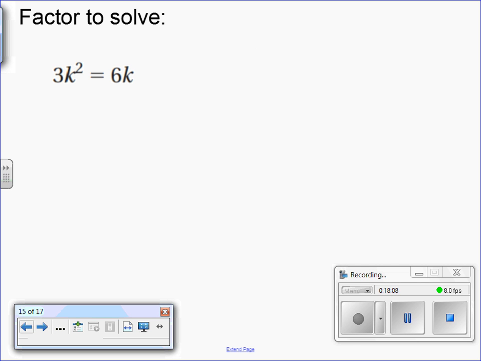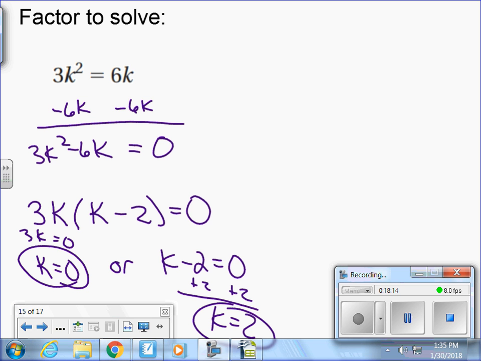Alright, this is your graduation problem. Find your 2 solutions for K. Alright, I think we're ready to check. I brought my 6x over to join my 3k squared. It's k, sorry, I said x. Because I kind of like this leading coefficient to be a positive. So if you can keep this 3 a positive, then move people over to join him.